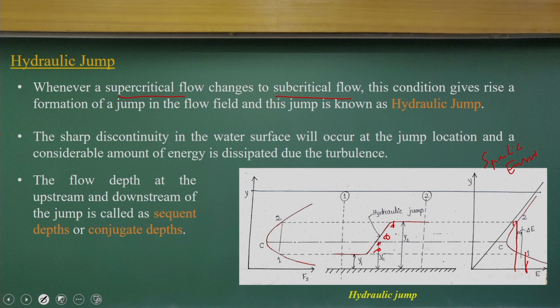There is an energy loss in the hydraulic jump, with noise or sound production, heat energy and turbulence energy. All of these work to dissipate energy in the formation of the hydraulic jump from supercritical to subcritical. Basically, we call these sequent depths or conjugate depths. That is the theoretical point.